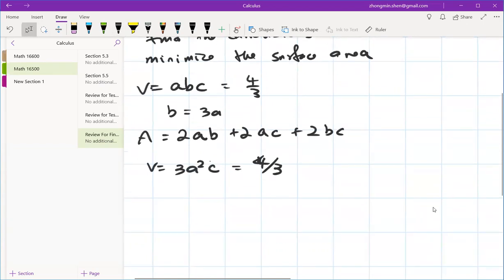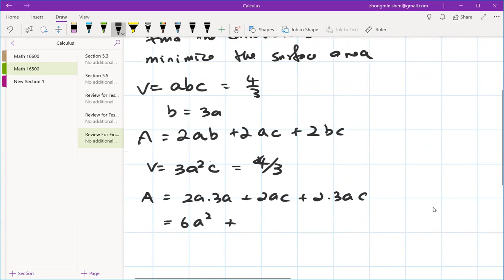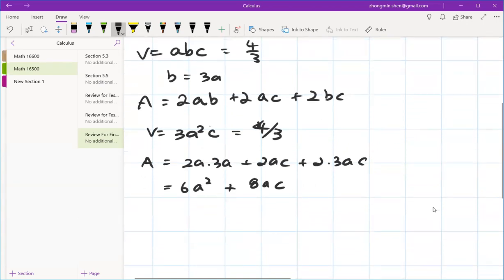Then the surface area is also simplified: 2A times 3A, 2AC, 2B C where B is 3A. So let's see. What I'm going to get is 6A squared plus 8AC.